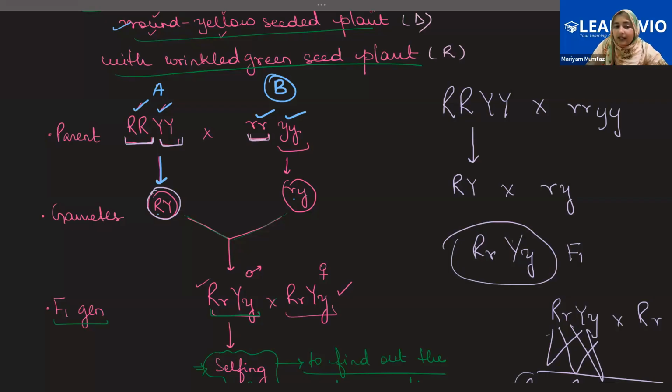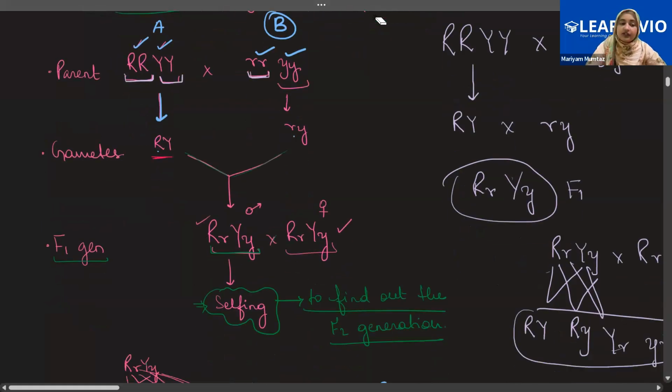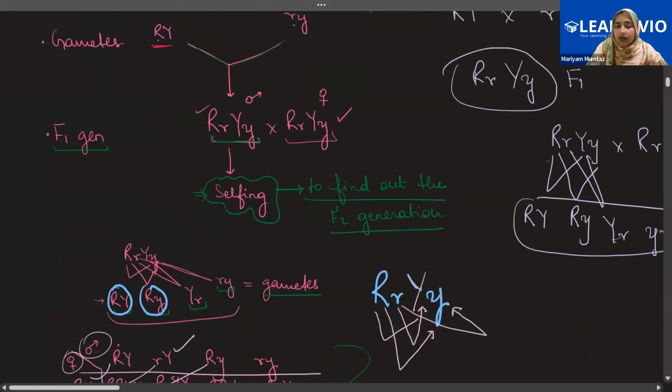Now the gametes would come out to be capital R capital Y, and small r small y. When you cross them together, the F1 generation would come out to be the hybrid, capital R small r, capital Y small y.